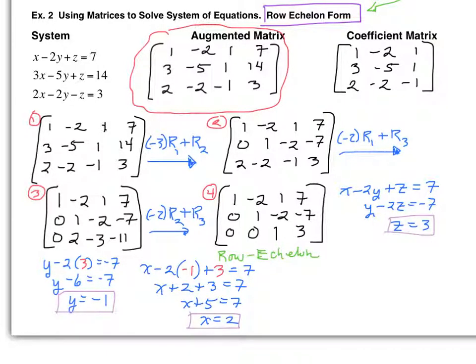And then finally, how do we write our answer? So I'm going to say that this was step 5, step 6, step 7, step 8 is our answer. So alphabetically, we've got x is 2, then for y -1, and for z is 3. And so this is our final answer.